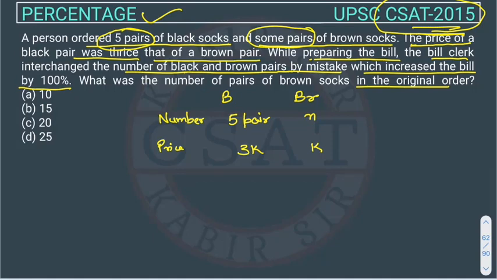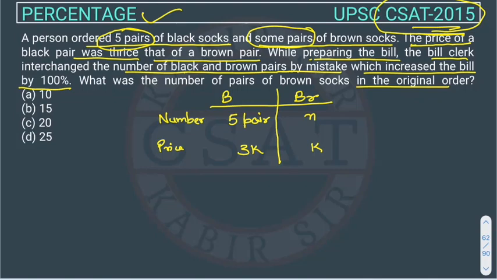So the question is simply, try to understand that the customer is buying two kinds of socks, black and brown. Black numbers are given, 5 pair, and the brown number is not given, and the price of black is thrice that of a brown pair. This is also given, right?